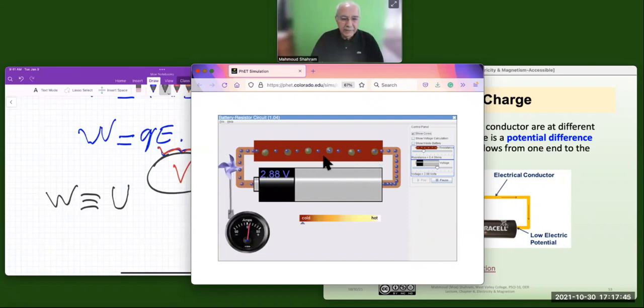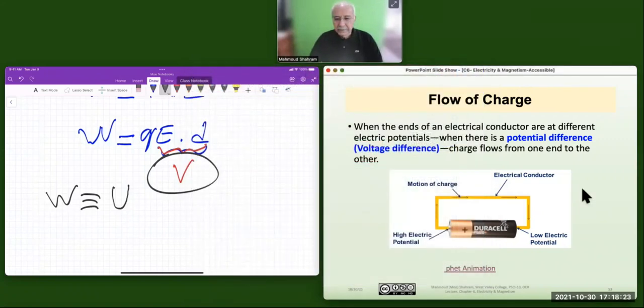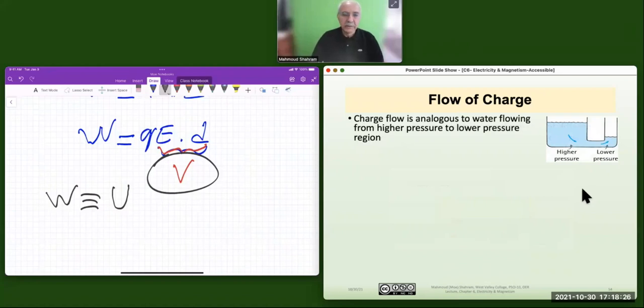So they're going to bump around here and go through with some difficulty, some resistance. Now if I reduce the resistance, it just goes smoothly. But if I increase the resistance, it has a harder time going through. That is what happens when you have a potential difference between the two sides of a conductor. The electric charges start moving.